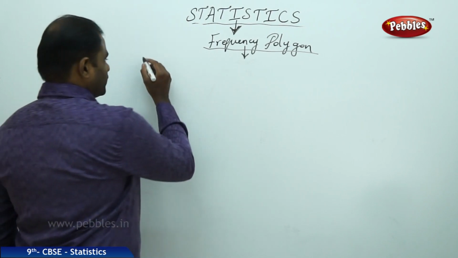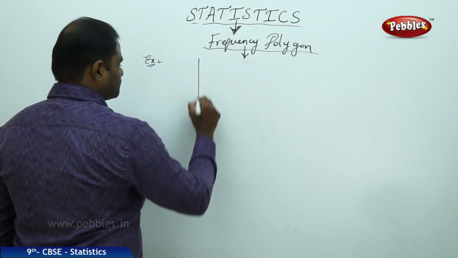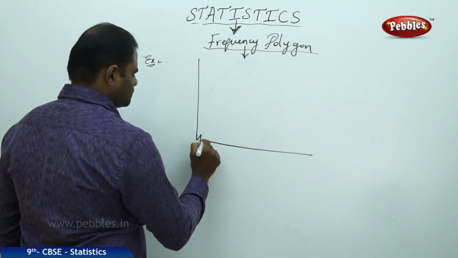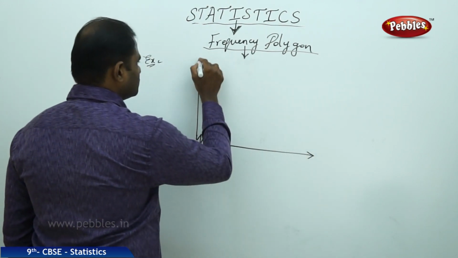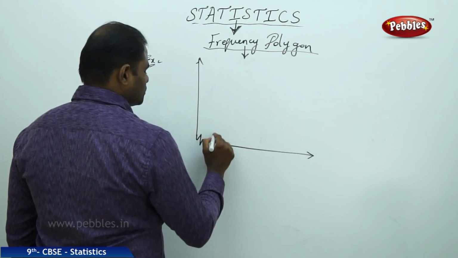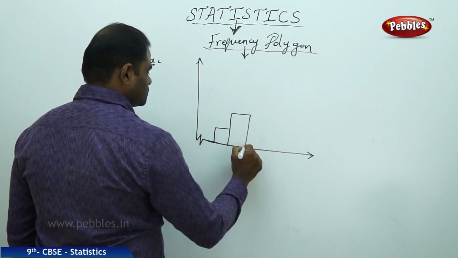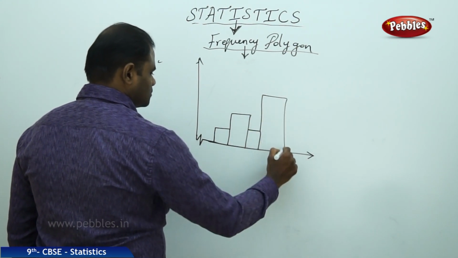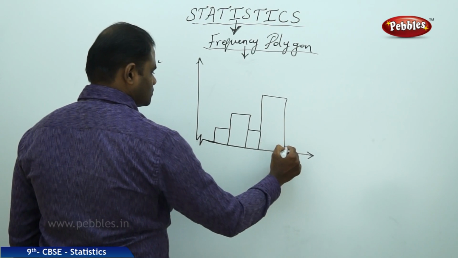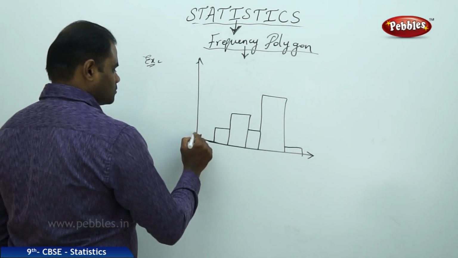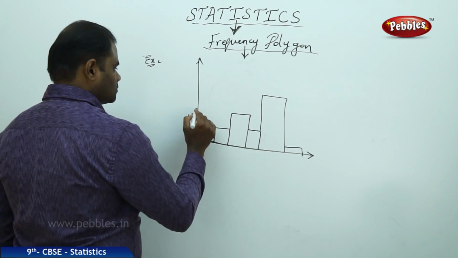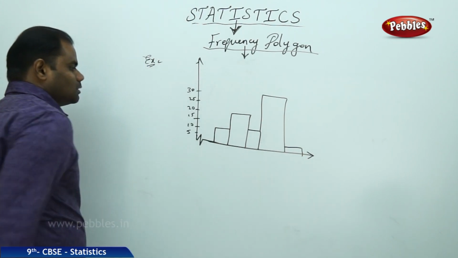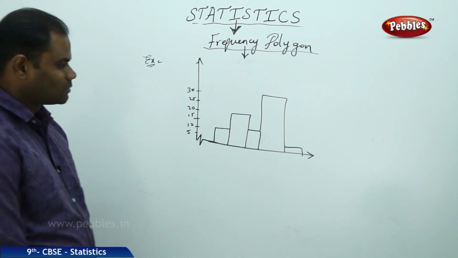Let's take a histogram, for example, with the marks of students. Let's say this is the polygon.